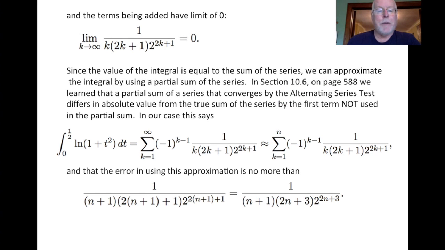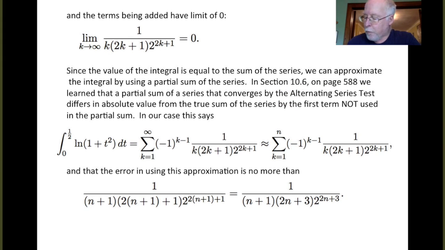So if we have the integral, which we know the answer is equal to this sum, we can approximate the sum by taking some finite number of terms. We'll call it n for now. And the error is bounded by the first term unused.